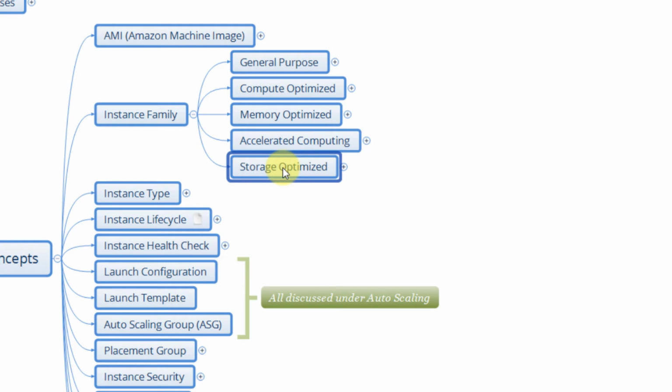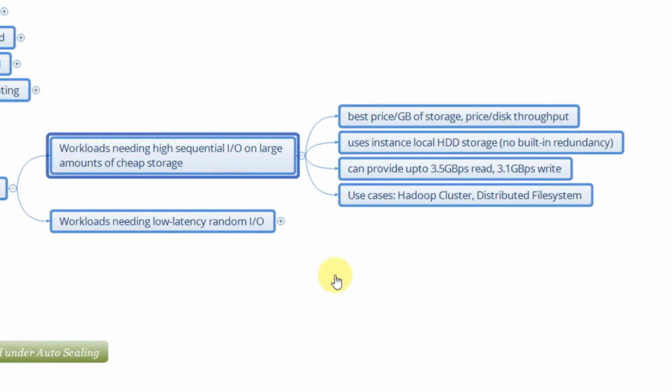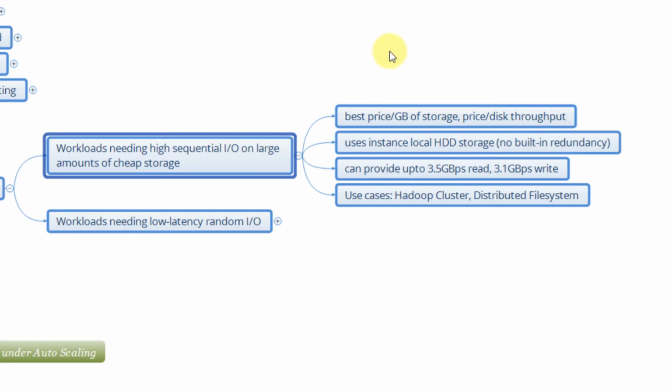And finally, the storage optimized family has tons of storage, and there's 2 sub cases. So the first is where there's a large amount of sequential I/O capability on a large amount of cheap storage. So workloads needing sequential I/O and a lot of storage that is cheap can use this. And what this provides is best price per gigabyte of storage and the best price per unit of disk throughput.